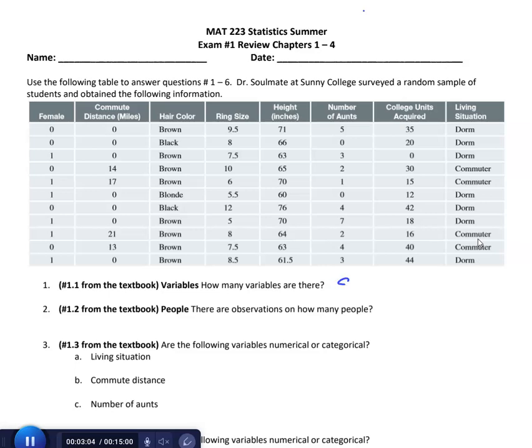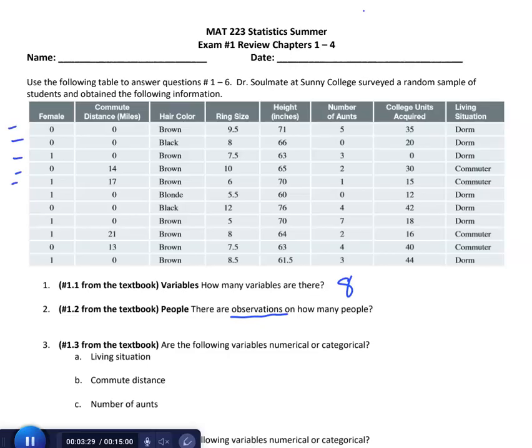So the first question, how many variables? There would be 8. There are observations on how many people. Observations is another word for how many people or how many items or how many sea turtles, whatever it is we're talking about, did we collect data on. So observations is the number of things we collected data on. In this table, you can see we go by row.